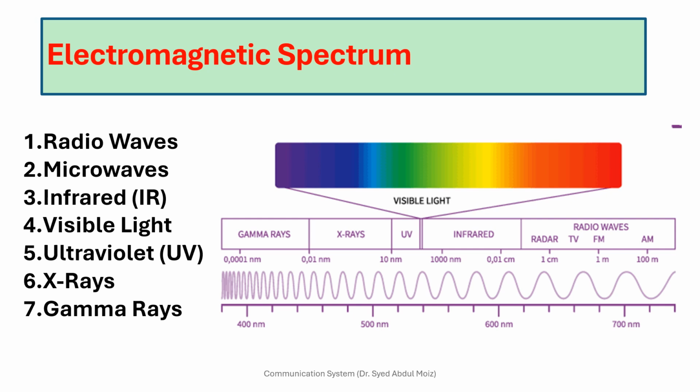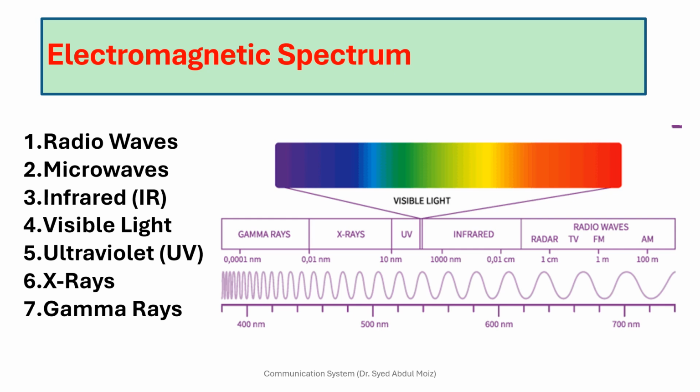Moving up, we encounter microwaves, with wavelengths from about 1 millimeter to 30 centimeters and frequency ranging from 1 gigahertz to 300 gigahertz. These waves are critical for radar systems, satellite communication, and modern mobile communication, and even heating your food in a microwave uses the same waves. Next, there is infrared radiation, often associated with heat.